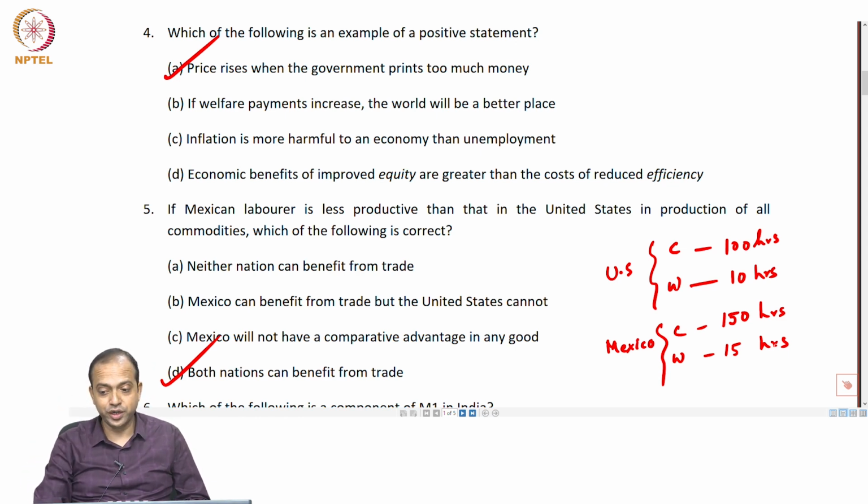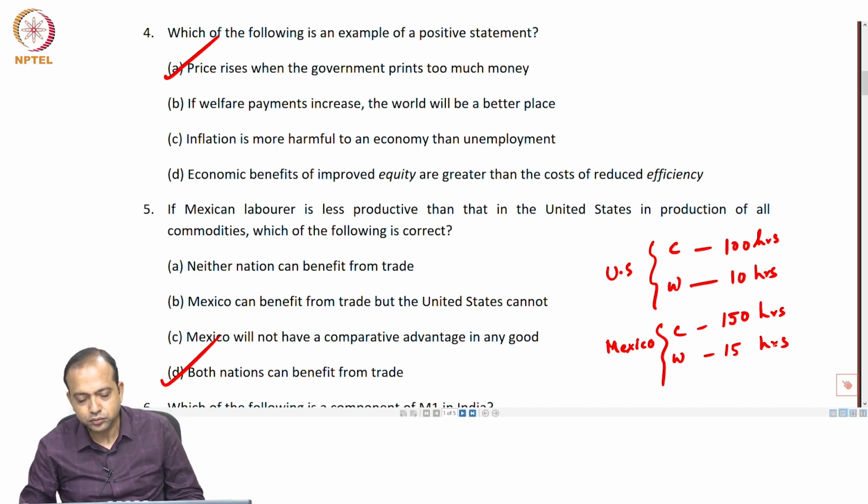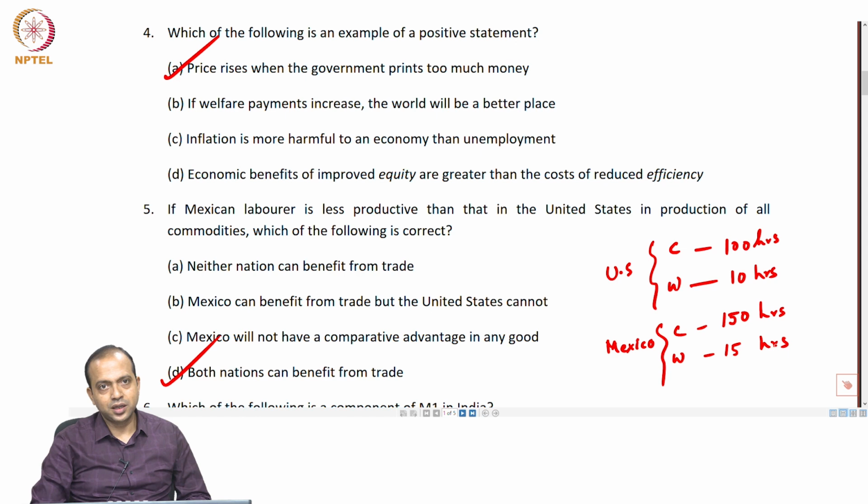But if you calculate comparative advantage, what is the opportunity cost of computer in terms of wheat in the US?